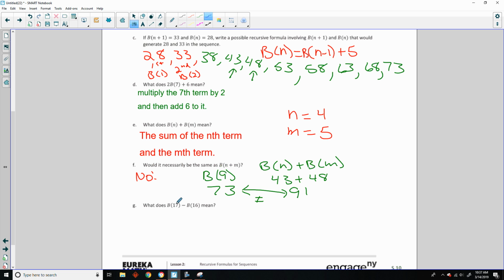What does b of 17 minus b of 16 mean? It means the 17th term minus the 16th term. Since they're consecutive terms and each term has a difference of 5, b of 17 minus b of 16 would equal 5.